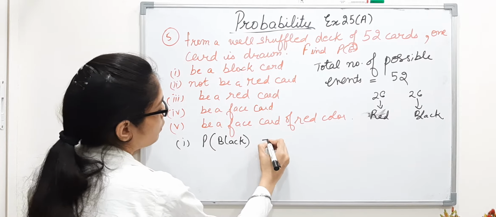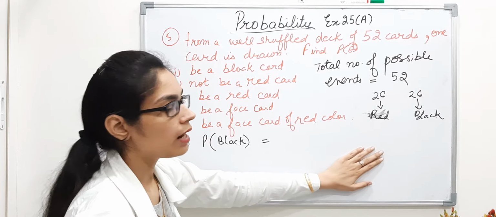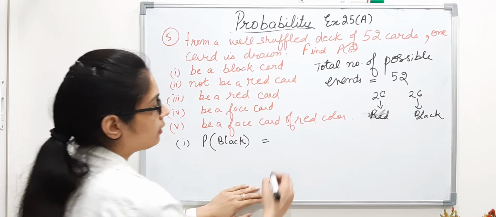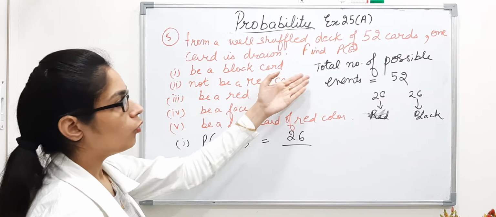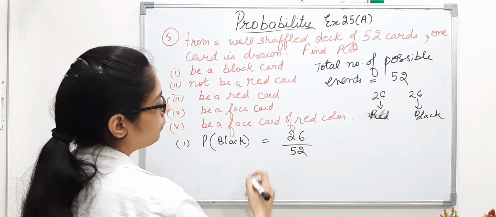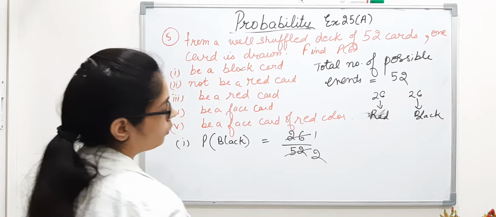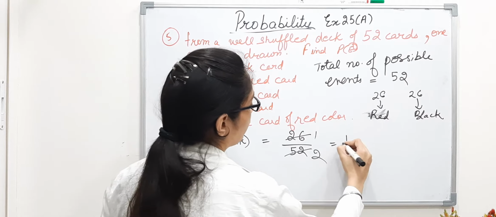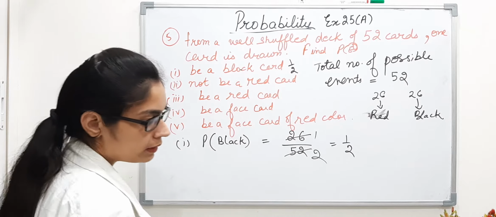Directly I will write total number of favorable outcomes. Since 26 cards are black in color, favorable outcomes to black will be 26 over total number of possible outcomes, which is 52. So 26 into 1 is 26 and 26 into 2 is 52, so it is 1 by 2. Probability of getting a black card is 1 by 2.